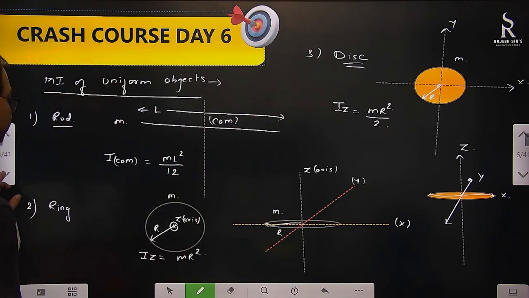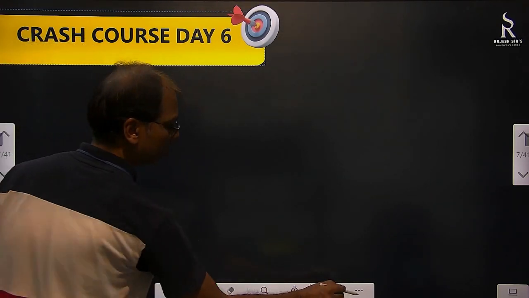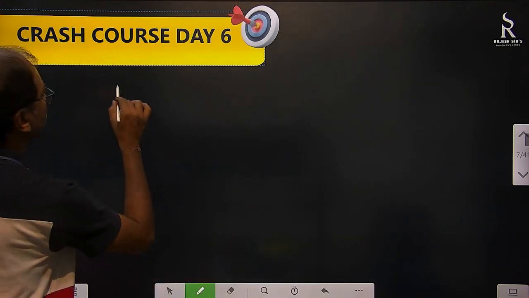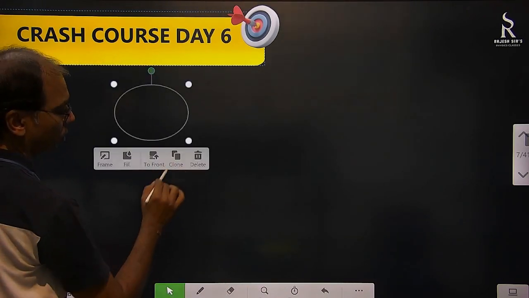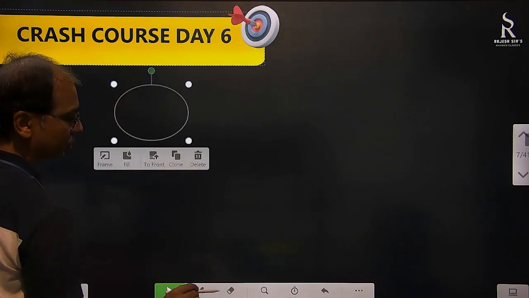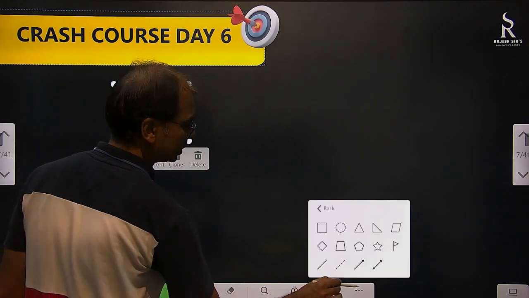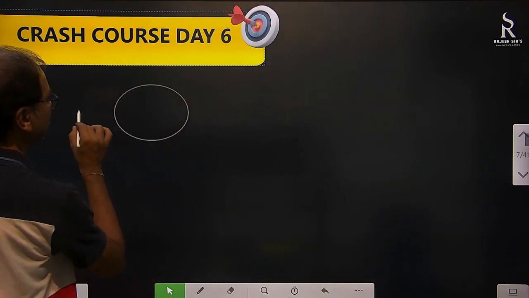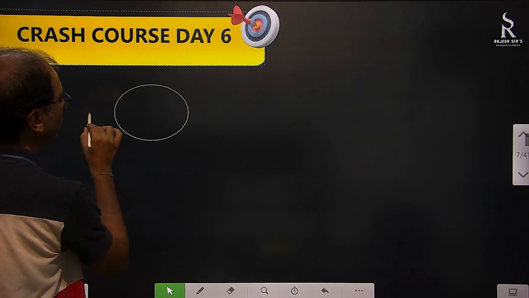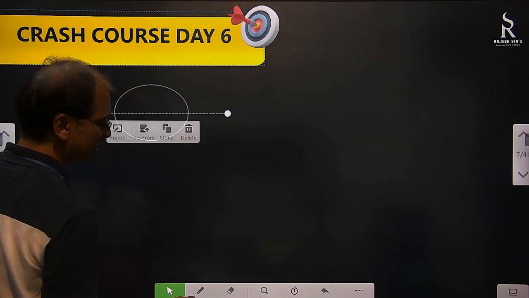Then the sphere. Solid sphere is different, hollow sphere is different. In case of a solid sphere or hollow sphere, about any axis, x, y, z, whatever you take, the moment of inertia is the same for all.